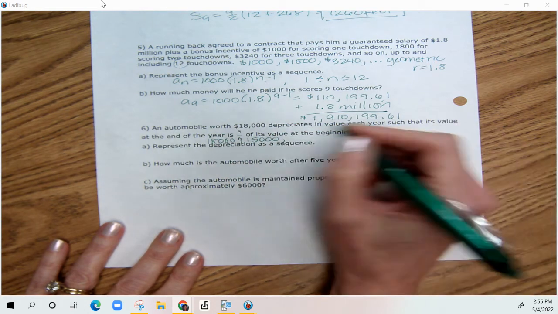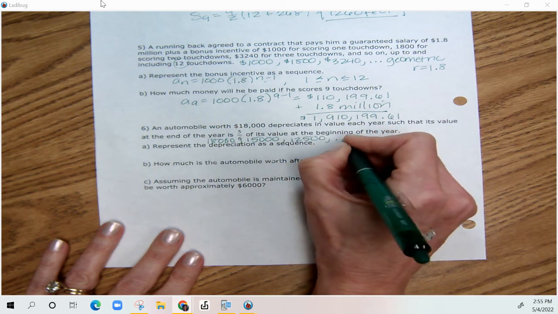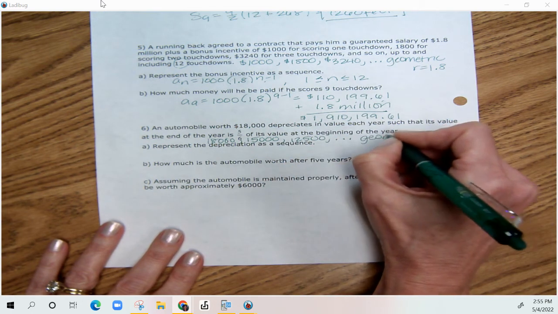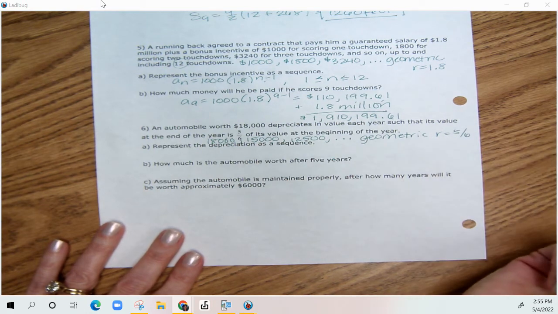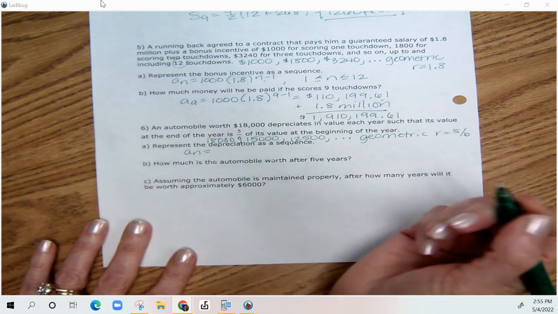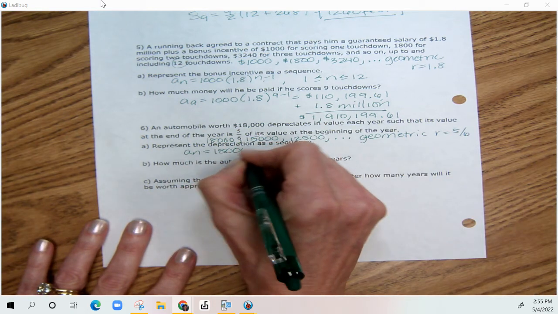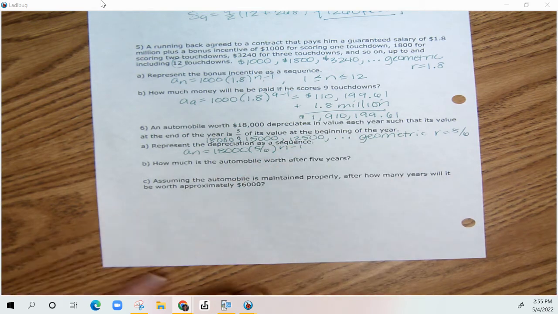Beginning of the second year, multiply by 5/6 again, then it would be 12,500, etc. So it must be geometric, where R is 5/6. So if we represent that as a sequence, A sub n equals A sub 1 times R to the n minus 1.